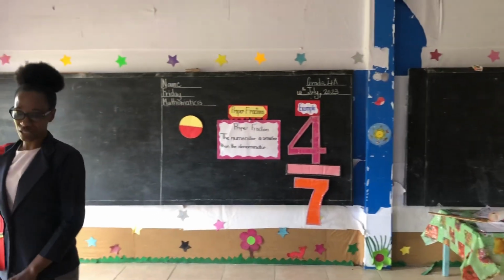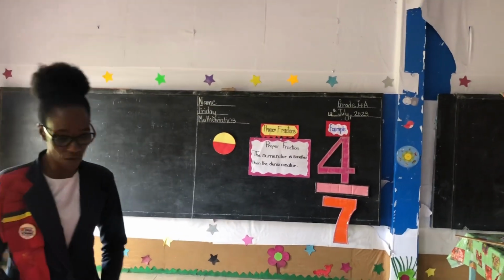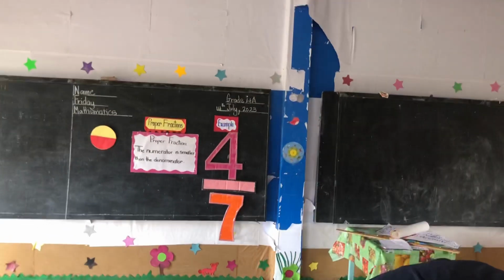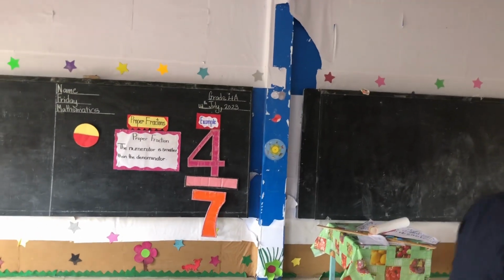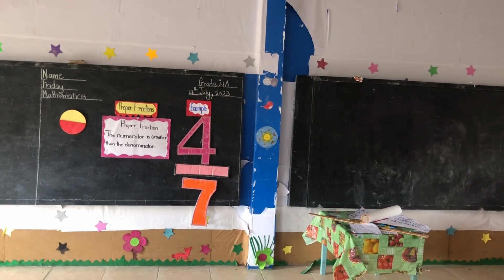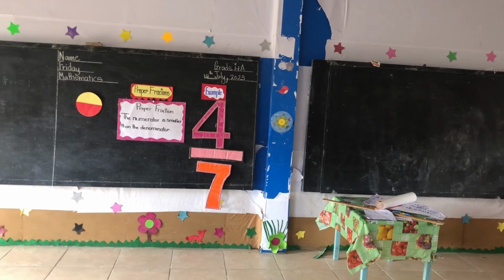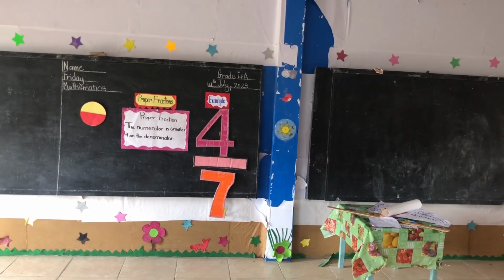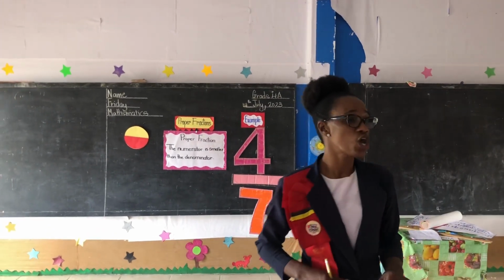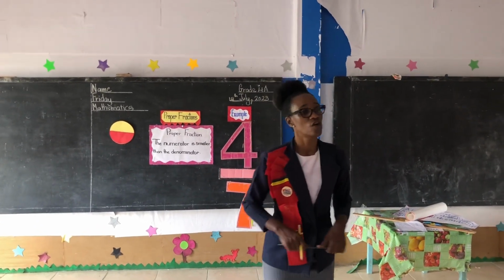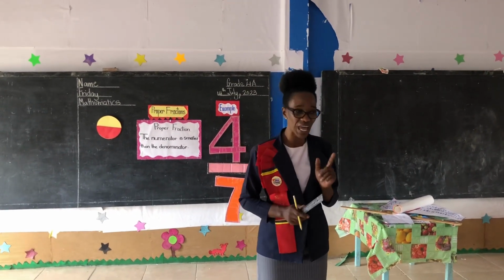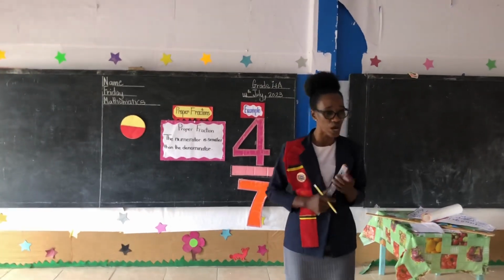Okay, I'm coming around to assess your understanding of the topic. Great job, Lucy. You would have constructed the proper fractions. Great job. So now, for homework, you are going to write 3 examples of proper fraction for me. Don't forget and continue spelling your words.